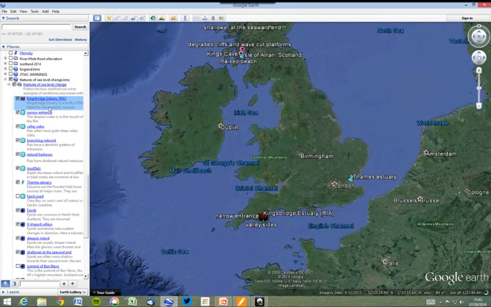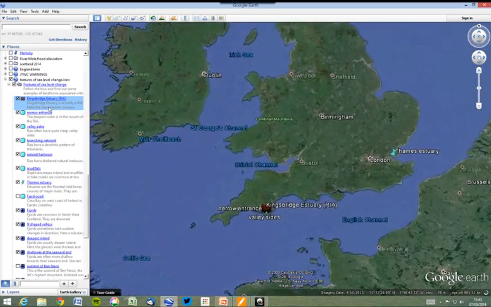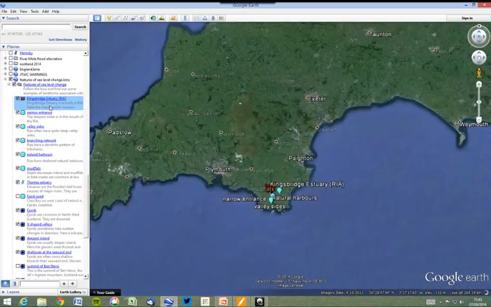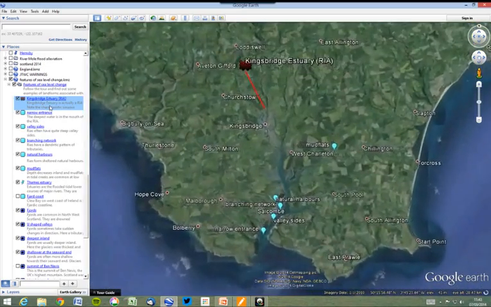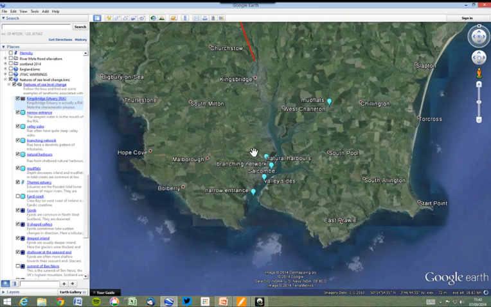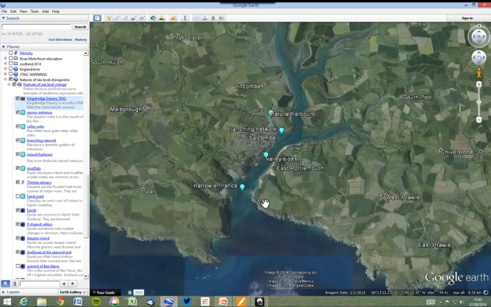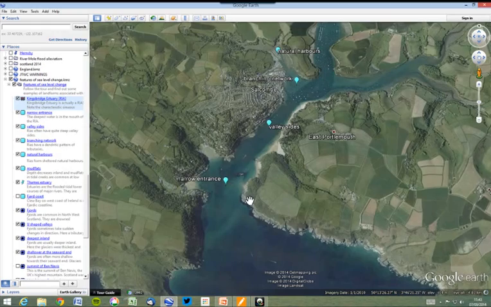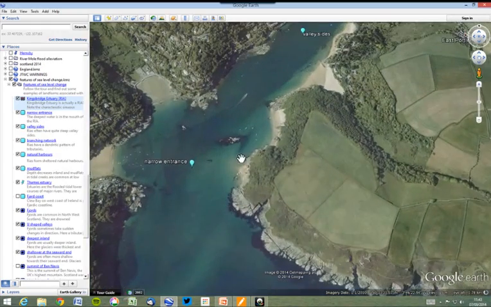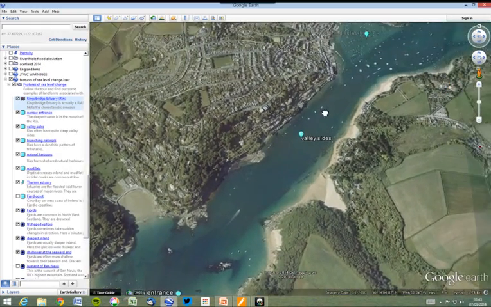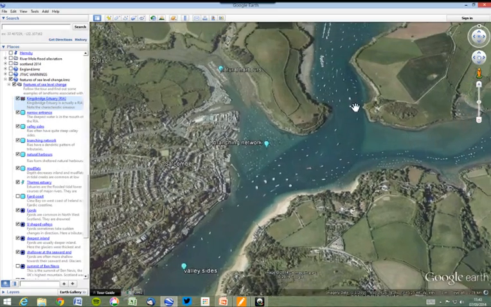Now, sea level rise can flood the lower courses of river valleys, and this creates features called rias. And rias are commonly found in places where sea level has risen into lowland river valleys.